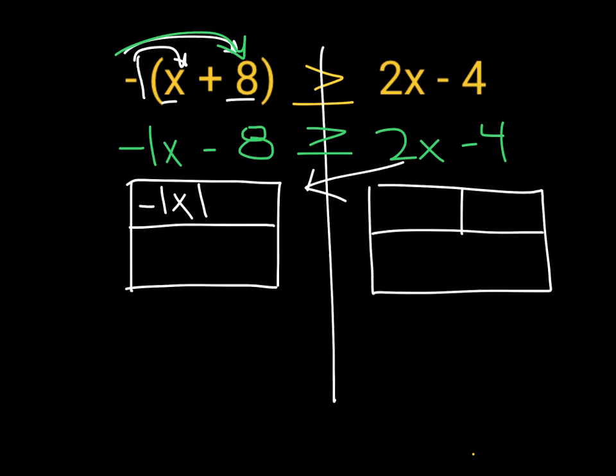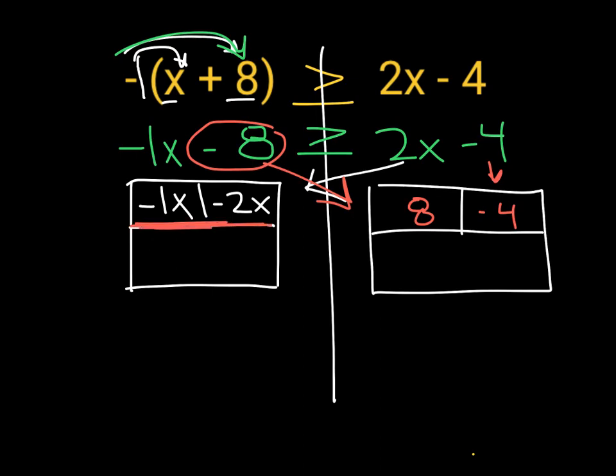When we bring 2x across, it becomes -2x. Changing the sign, or a -2x, you can say it either way. On the right side, we have a -4. And when we bring over that -8, you got to use the sign in front of it, that would become a positive 8.